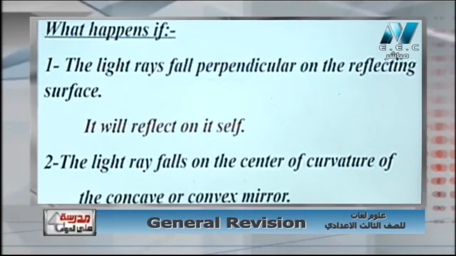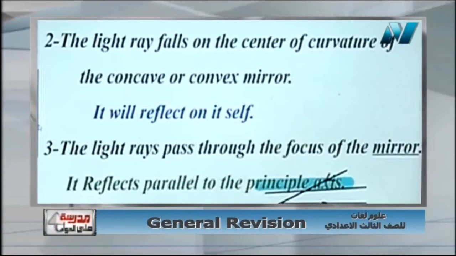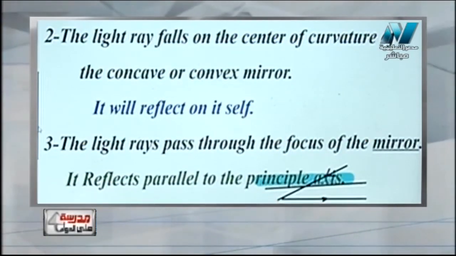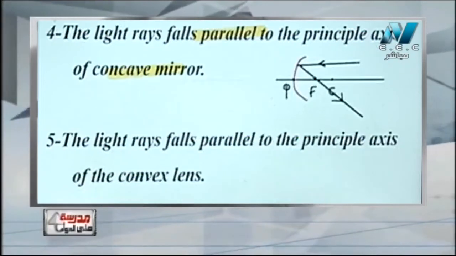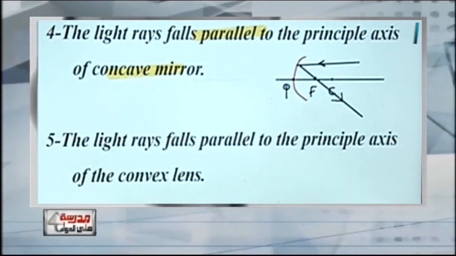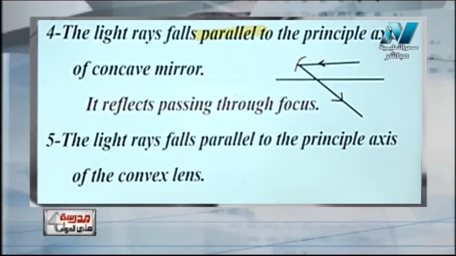In number 3, the light ray through focus reflects parallel to the principal axis, but in this question the light falls parallel to the principal axis and reflects through focus, as you see here, dear students.